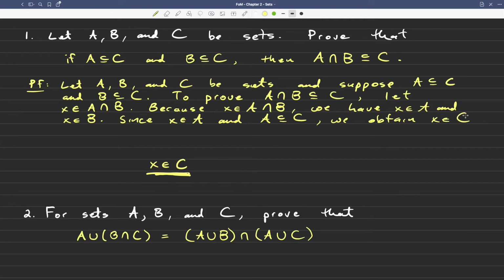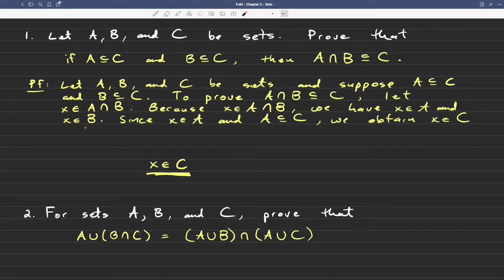Well, it looks like we're done, which is kind of odd because we never made use of the fact that x was in B. But it doesn't matter. Just knowing that x was in A was enough. We could have used x is in B, and that would have done the same thing. We would have said, well, B is contained in C, so x has to be in C. So either way, we end up with x is in C, but we didn't even have to really work with the fact that x is in B.